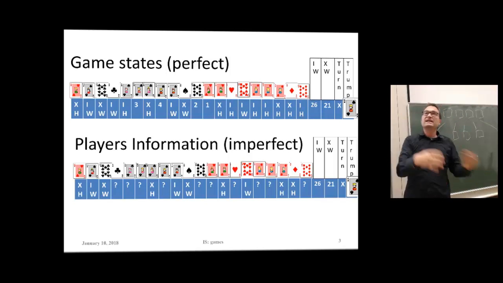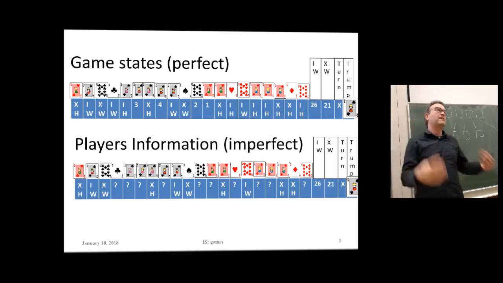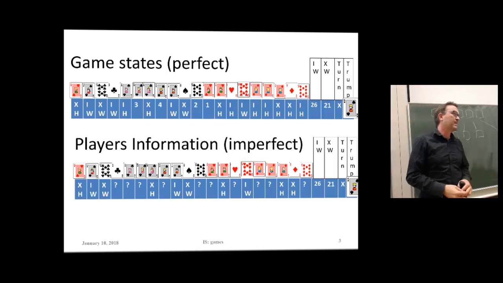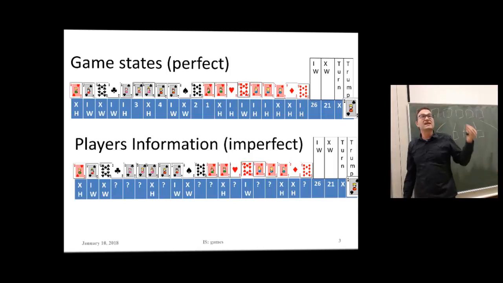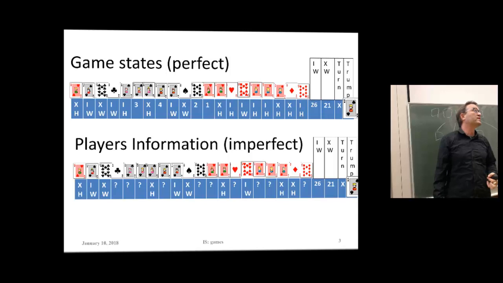Now we discussed already last time that Schnapsen is a game of imperfect information. So we have the game engine that has this perfect information because it should know where all the cards are. But the fun of the game is that the player itself does not have the full information. So this would be the situation after, let me count, 1, 2, 3, 4, 5.